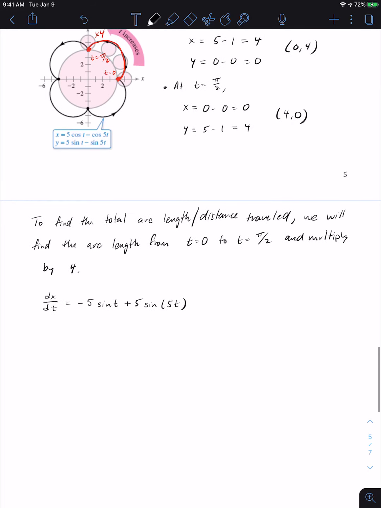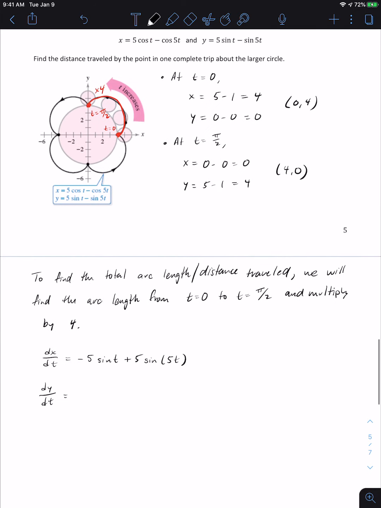And dy/dt, if I differentiate y, I get 5 cosine of t minus 5 cosine of 5t.